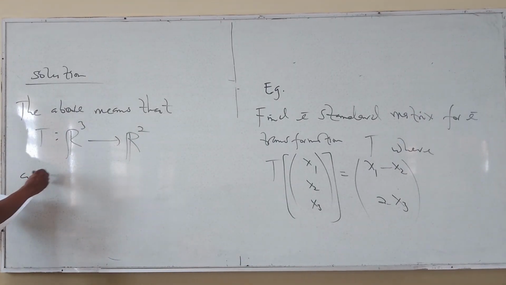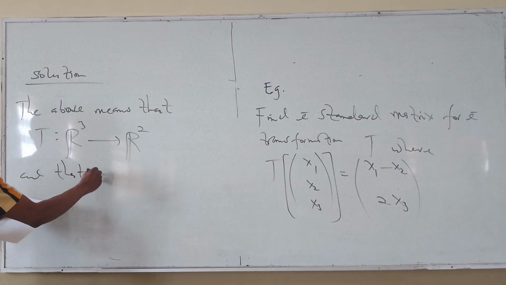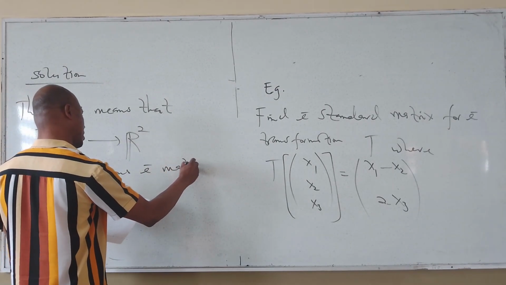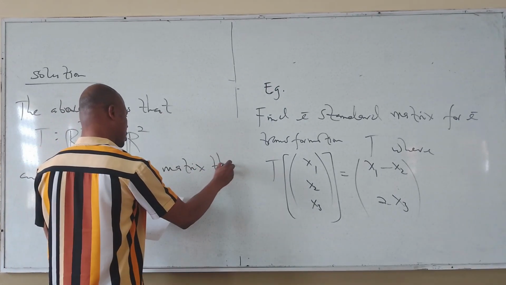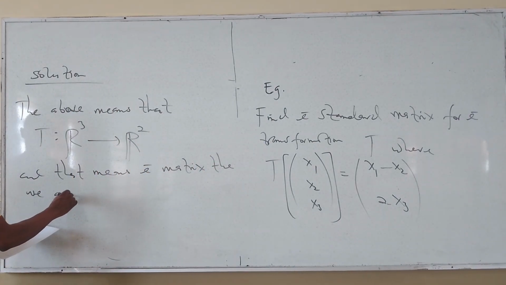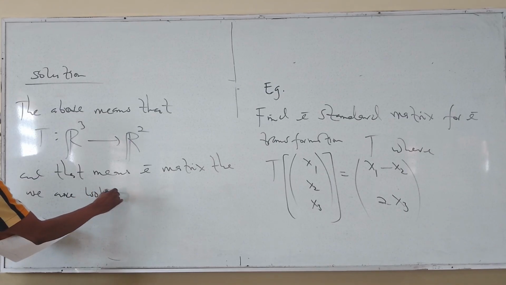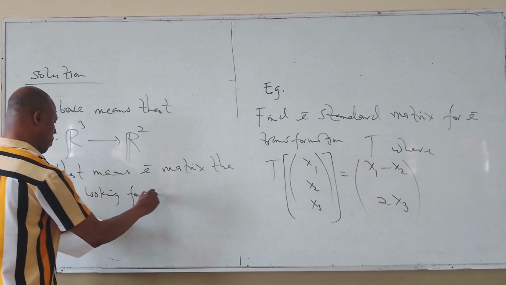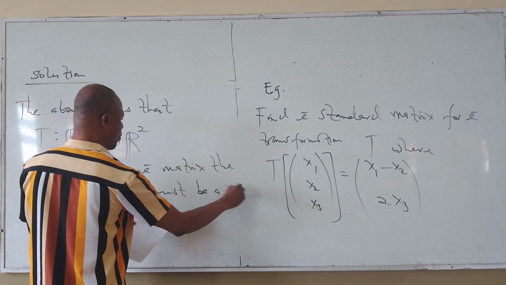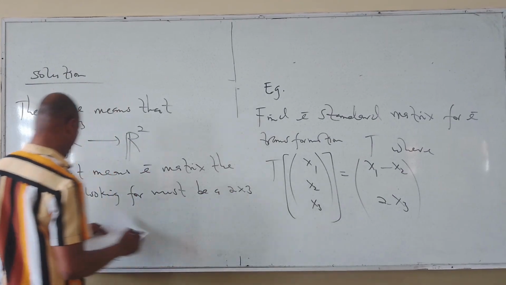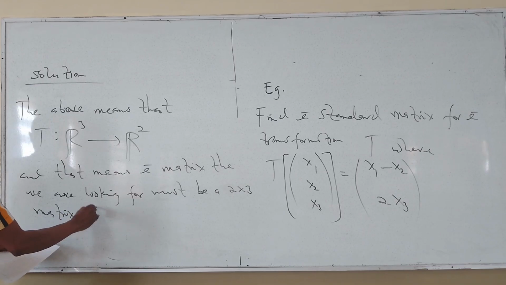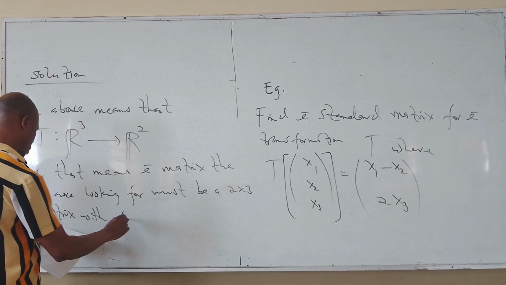And that means the matrix that we are looking for must be a 2-by-3 matrix with columns.